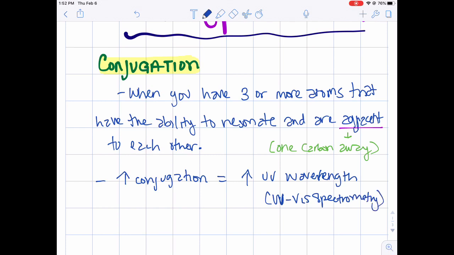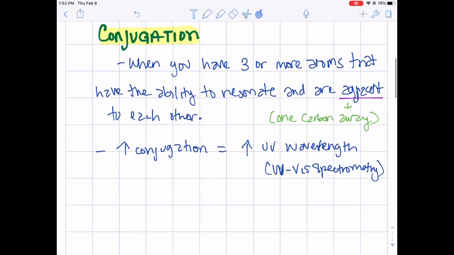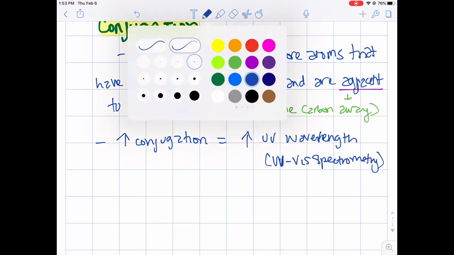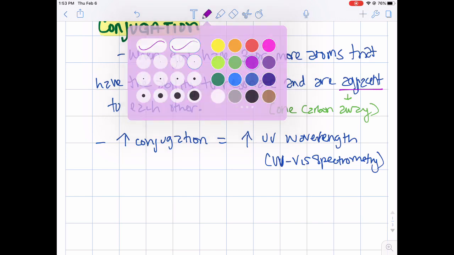Okay, so like I stated before, your compound will be able to resonate. Let's put that in purple.